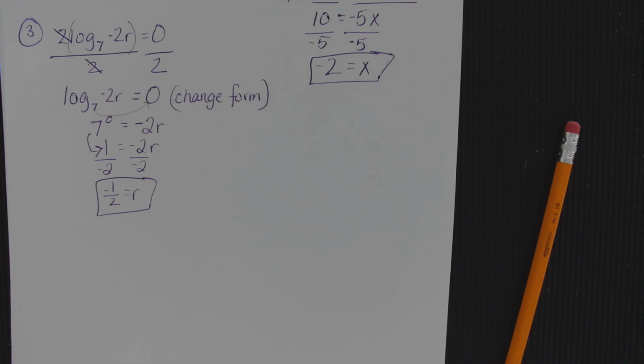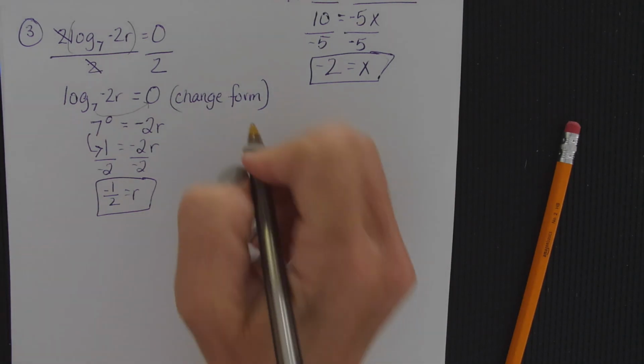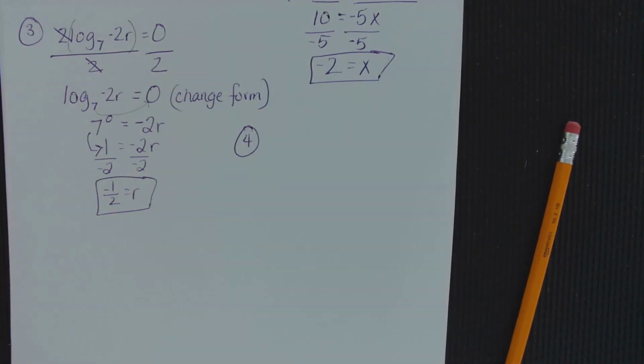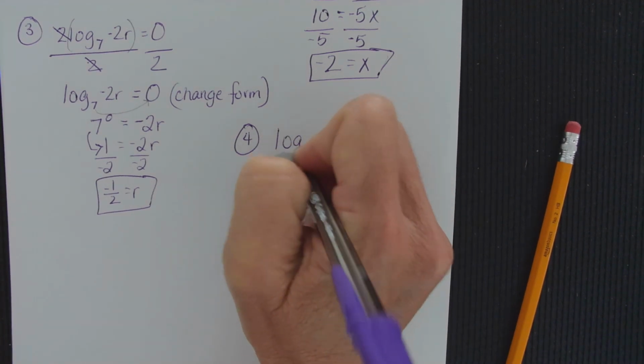You want to do another one like that? Do one where both the bases are different. We won't do that right now. We'll do that Thursday. Maybe tomorrow. Let's do another one like number 3.